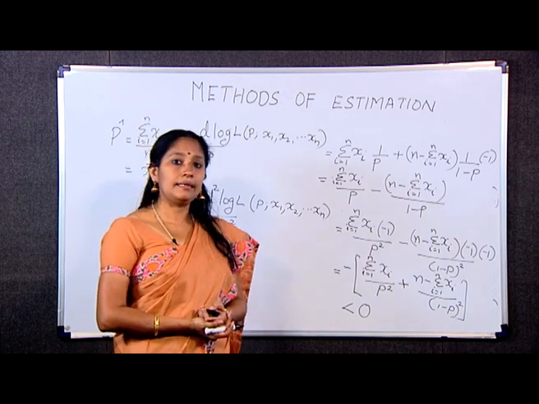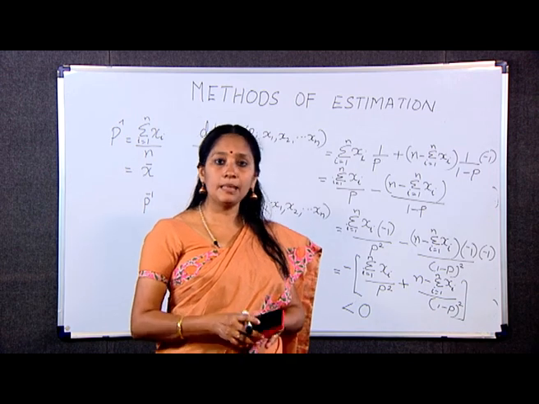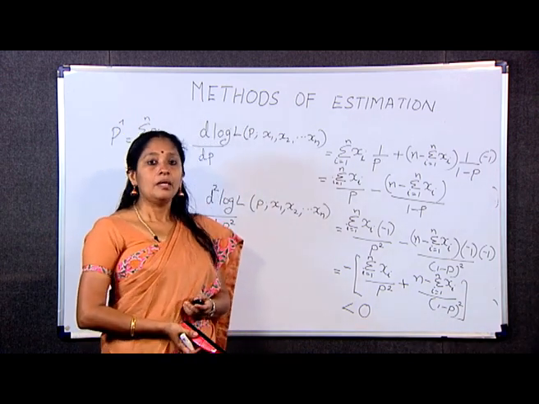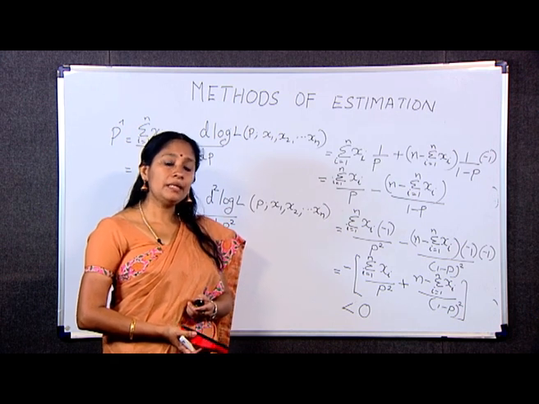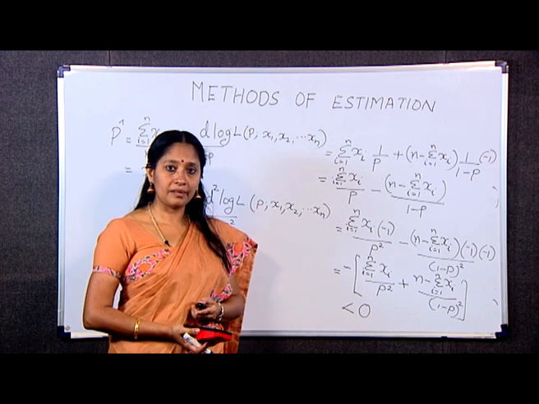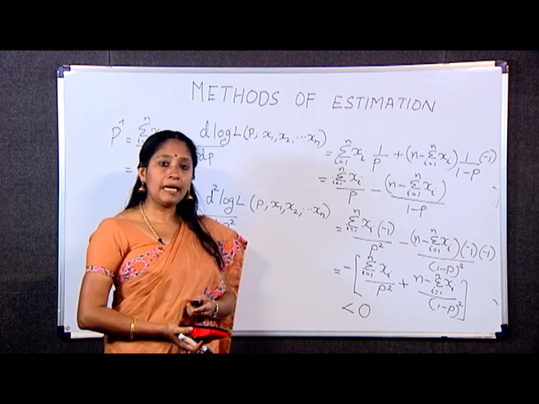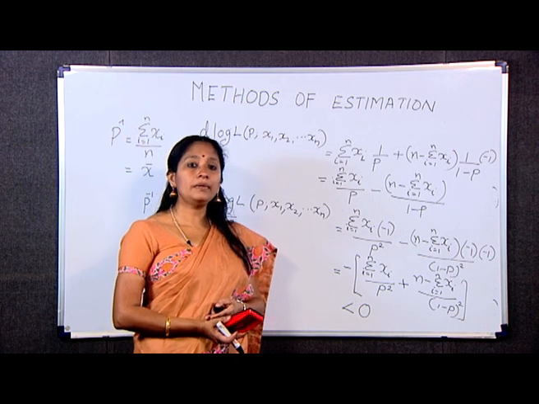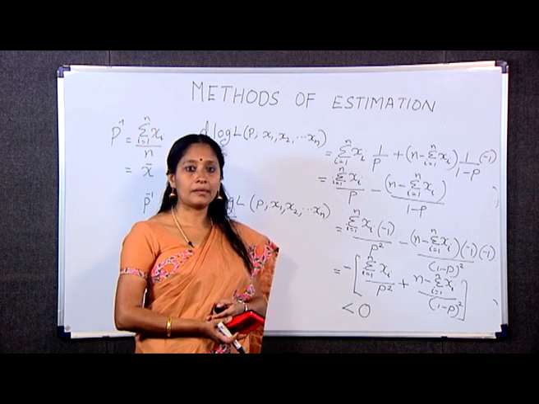Let us consider another example of a random sample from a binomial distribution, the binomial distribution with parameters capital N and p. I have taken capital N as a parameter to distinguish it from the sample size n.